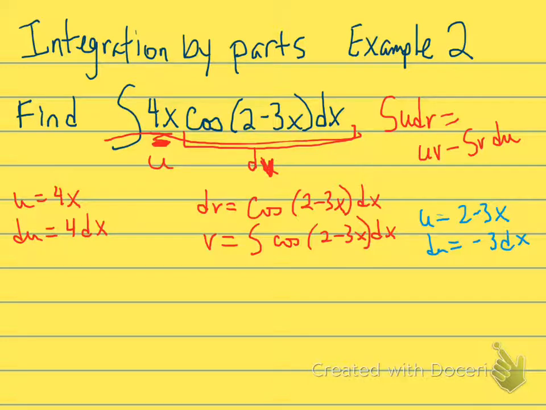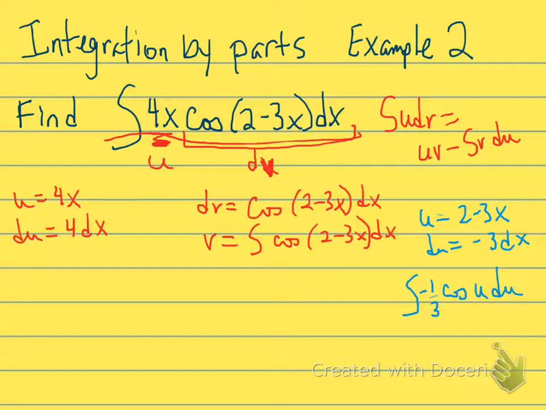So we'll have the integration of cosine u, and see how we have this extra negative 3, so it'll be negative 1/3 du.